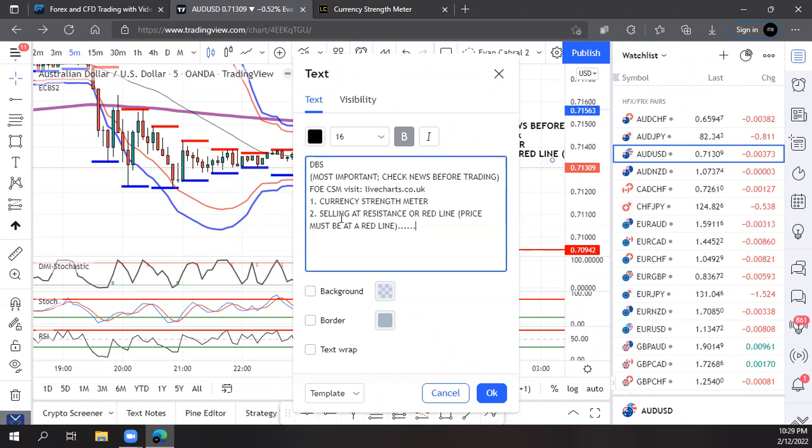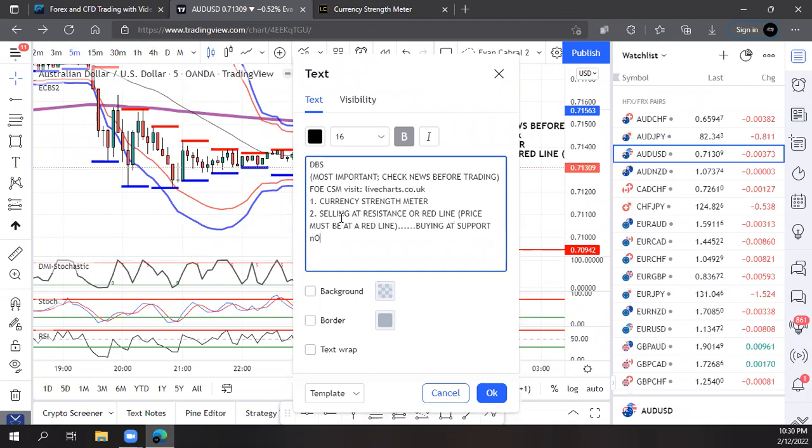So when you're buying, guess what? We want to see that we're buying at what? At support. Buying at support. So guys, be taking down these things. You need to be taking down notes so that you don't forget about it much later.